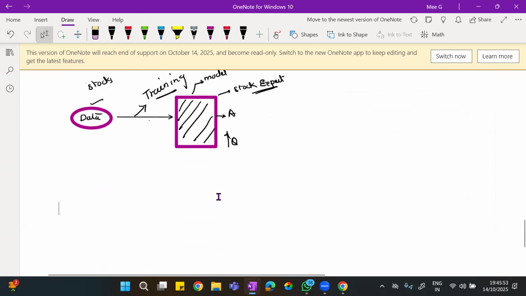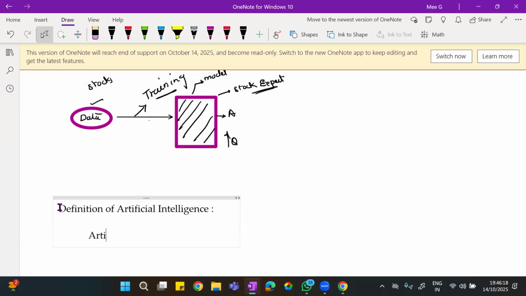Now, if I want to define artificial intelligence, as I said, artificial intelligence is a field or a branch of computer science. Without computers, we can't do anything.